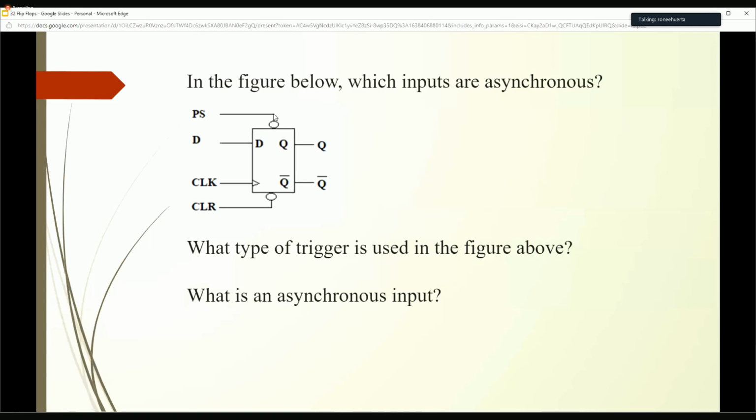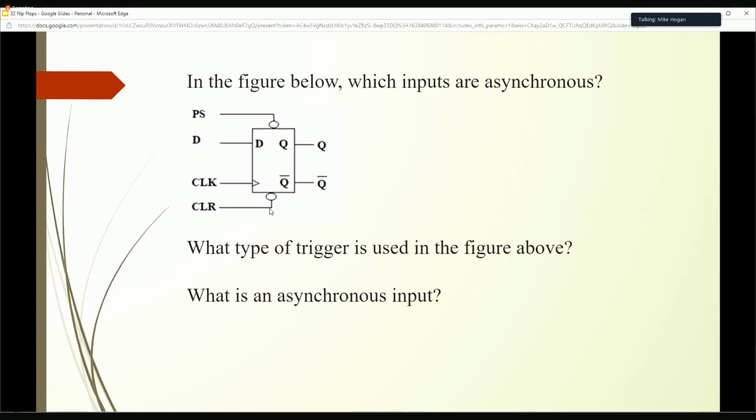I think that's a 0. Yes, exactly. Now we're getting it. So when we see this state indicator, this bubble, this looks like a little 0. That means it's looking for a 0. It's looking for a low before this will be active.